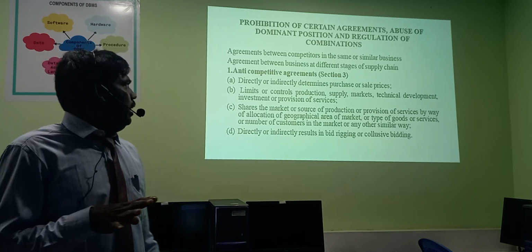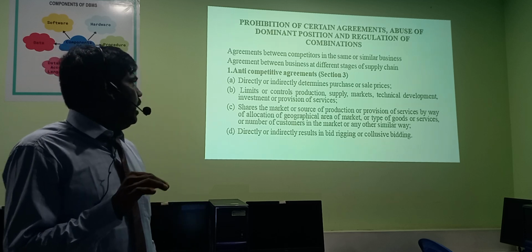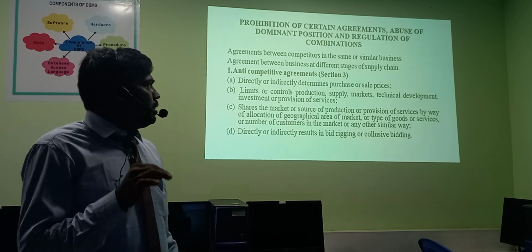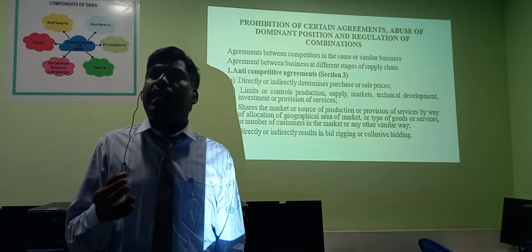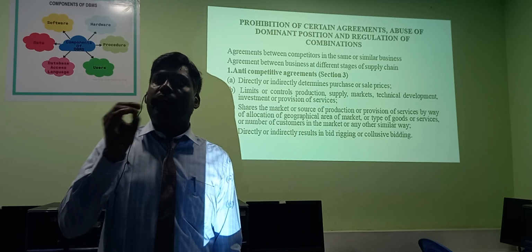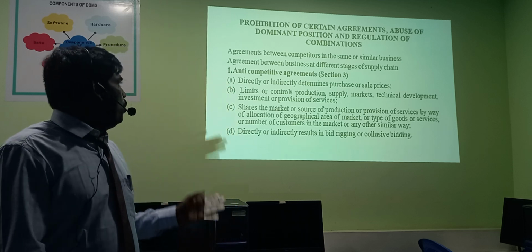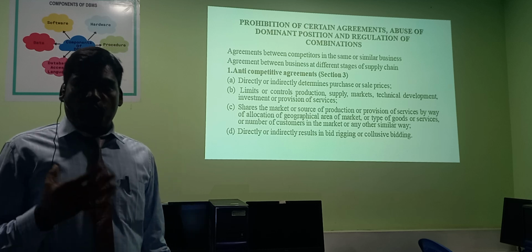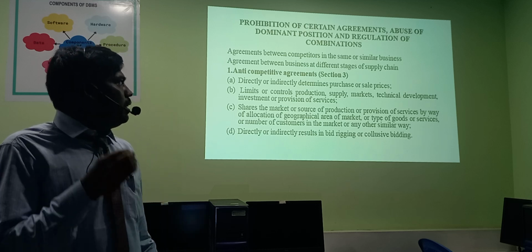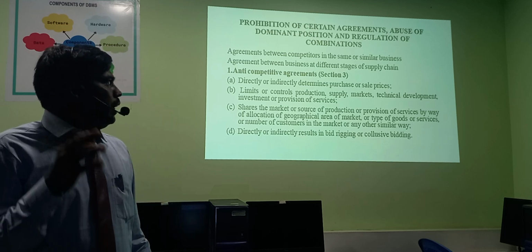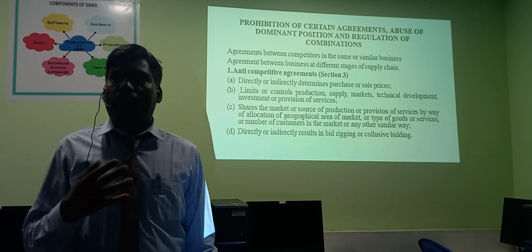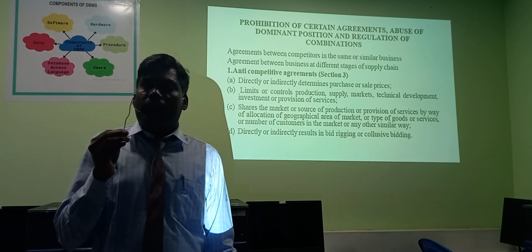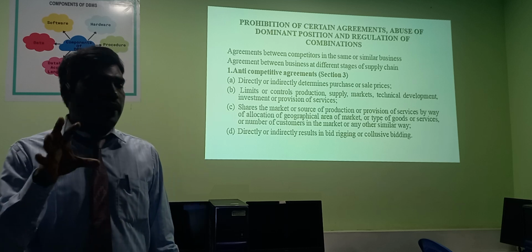According to Section 3, an agreement that directly or indirectly determines the purchase or selling price is anti-competitive. The second one: limits or controls production, supplies, markets, technical development, investment or provision of services is also an anti-competitive agreement under the Competition Act.